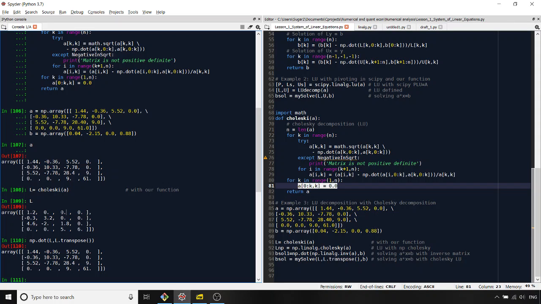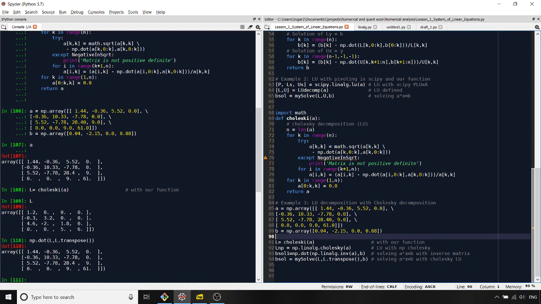So these two are made 0 in one loop of this, and these three are made 0 in the last loop of this, just to clarify. And so Cholesky is working, and L multiplied by its transpose gives the same A back.